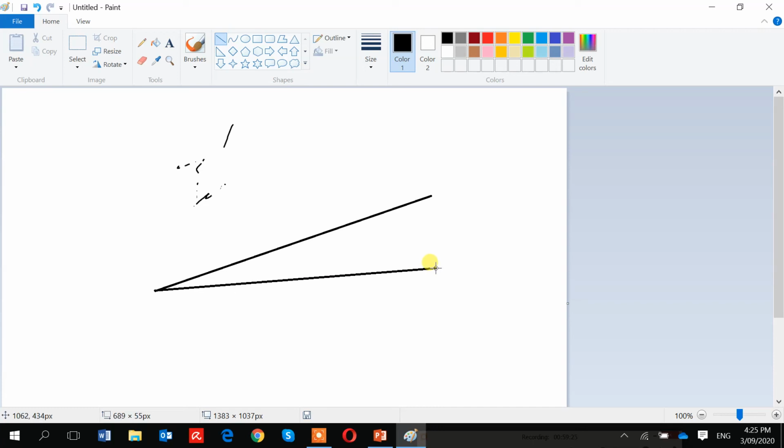Okay, actually it's here, and then there's a curve. Where do we draw a line?